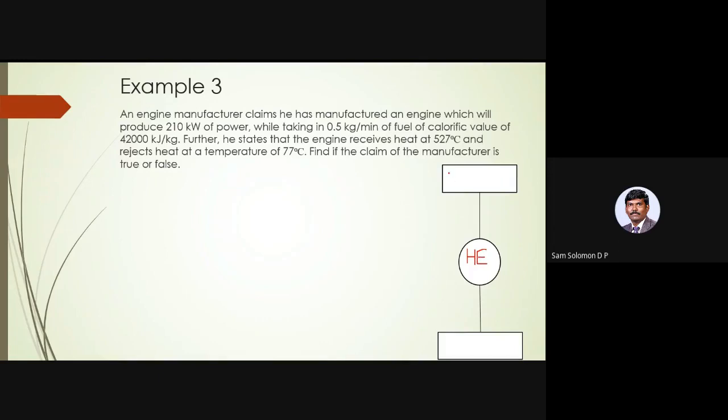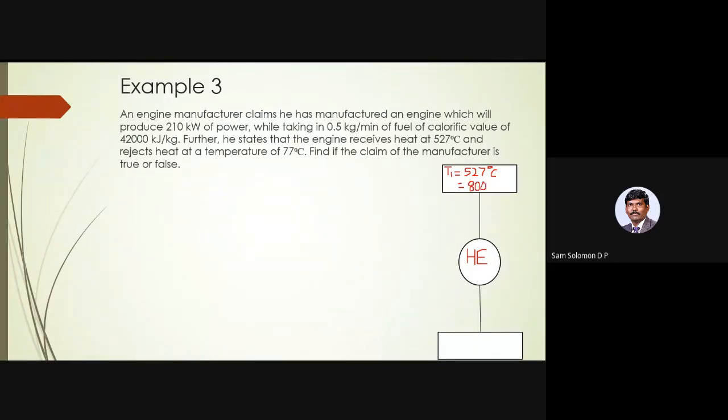Okay, so T1 happens to be 527 degrees centigrade. So 527 plus 273, how much do we have? 800 Kelvin. Hope I am correct. If I am wrong, you can correct me.